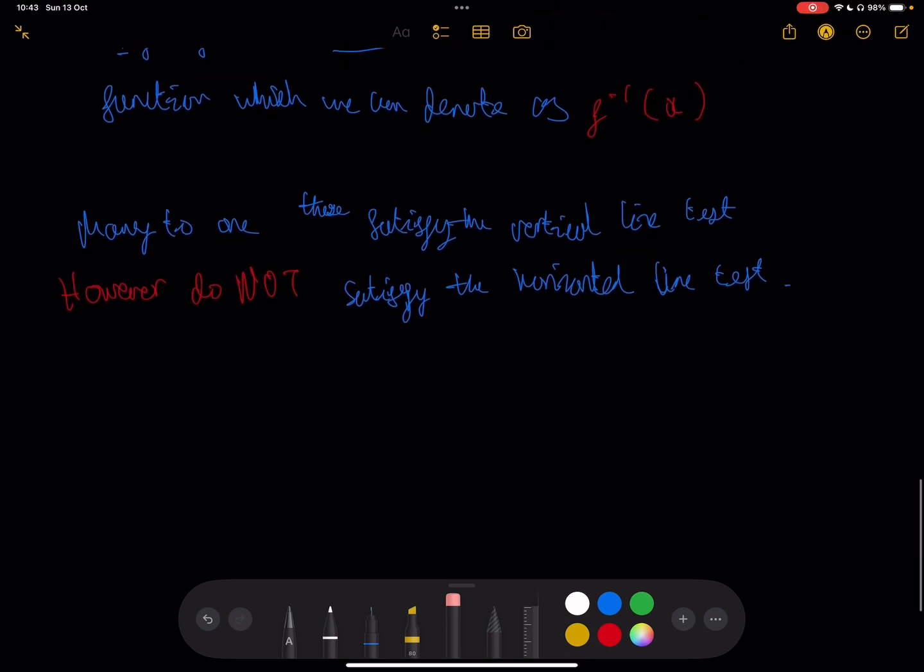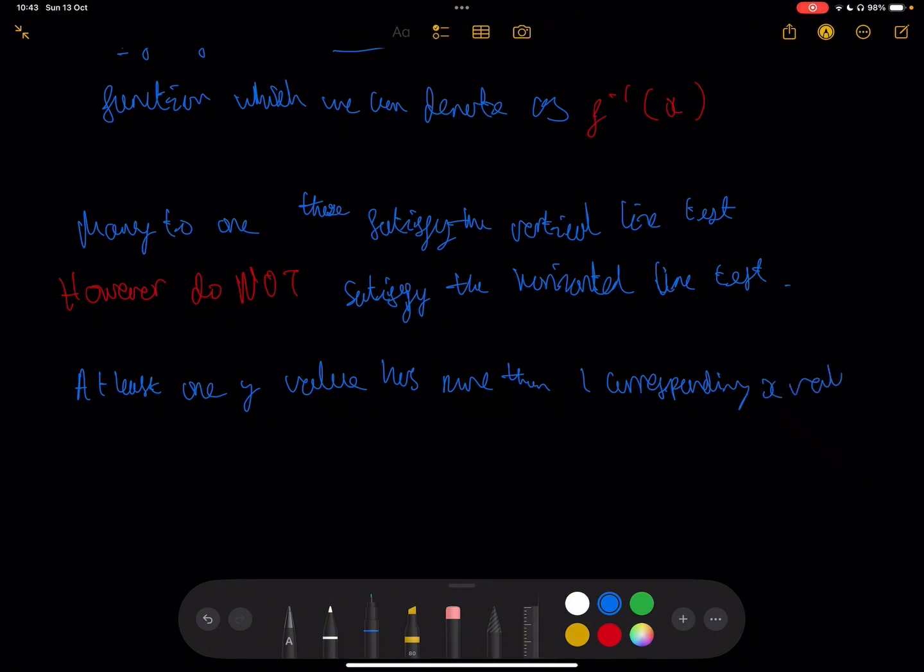It just means that at least one y value has more than one corresponding x value. So this just means that more than one x value can have the same y value, and it will still show a valid function.